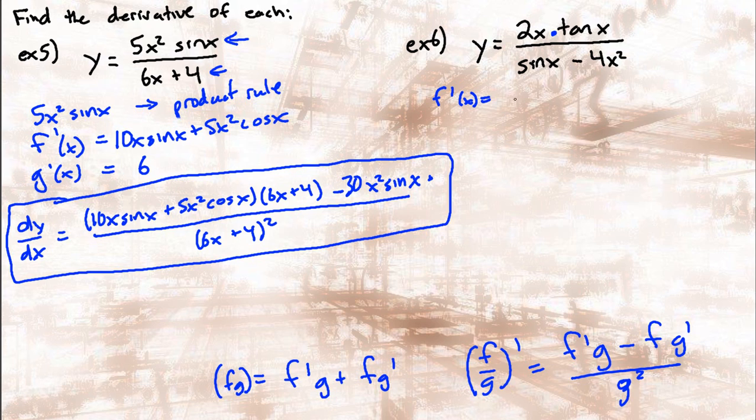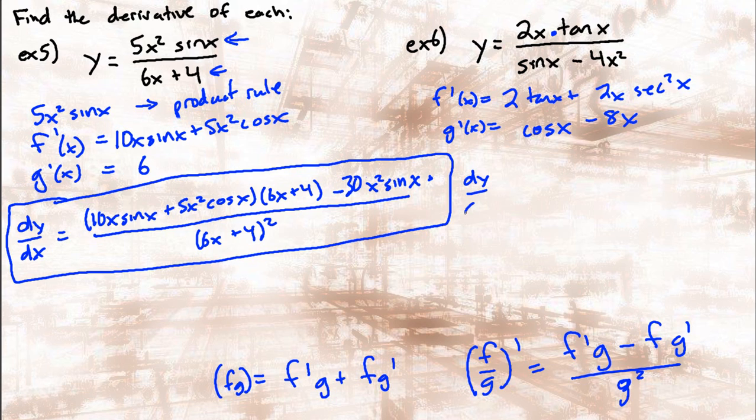Applying my product rule to the numerator is going to give me 2 tan x plus 2x secant squared x, and the derivative of my denominator is cosine x minus 8x.